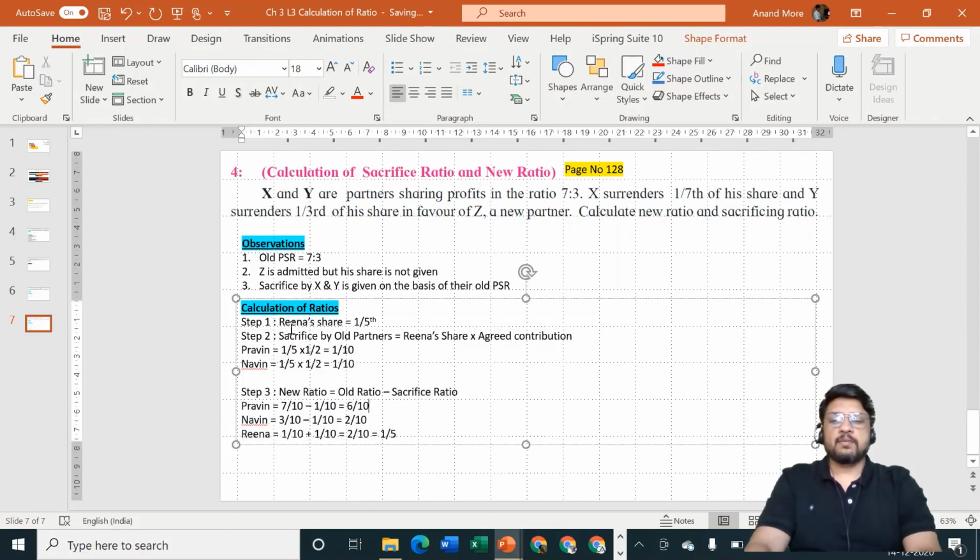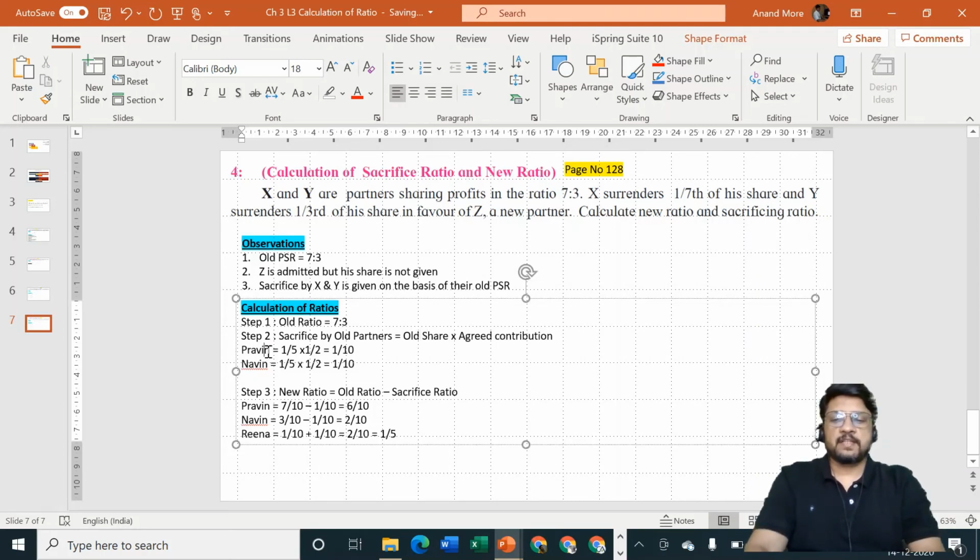Step number 1 is old ratio 7:3. Next, step number 2, sacrifice by old partner is equal to old share into agreed contribution.